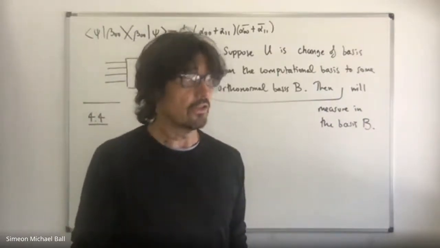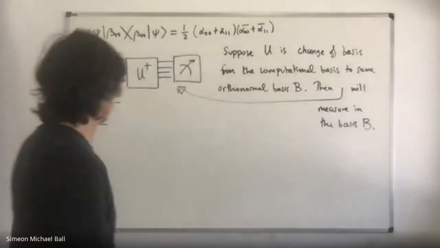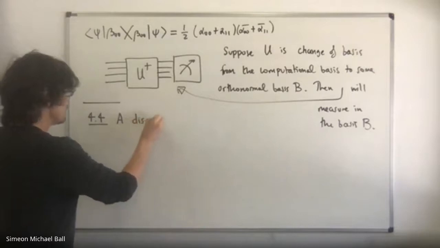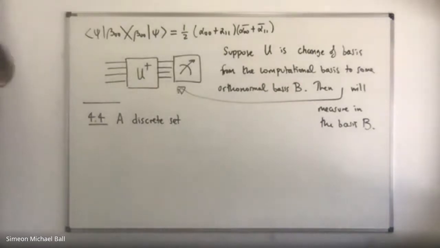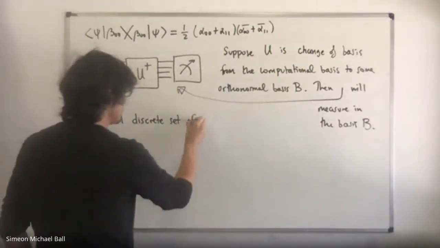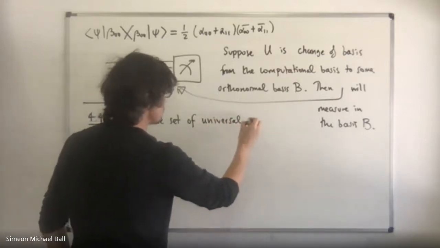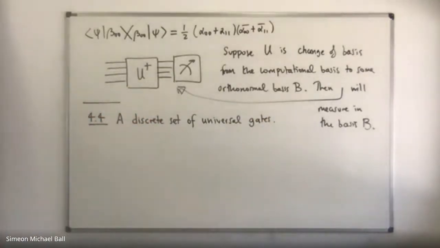Obviously the unitary transformations are over the complexes, so it's continuous, so we can never hope to find a discrete set of universal gates, but we can find a discrete set of universal gates up to an arbitrarily small error. So the first thing we're going to try and do is prove that you can implement the Toffoli gate with just the following gates.